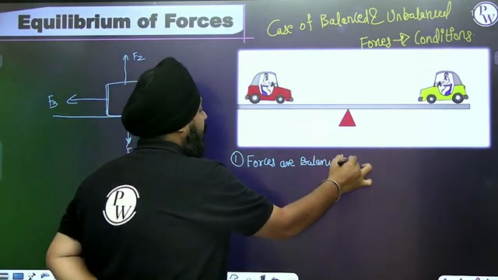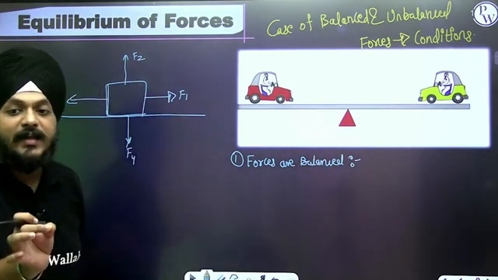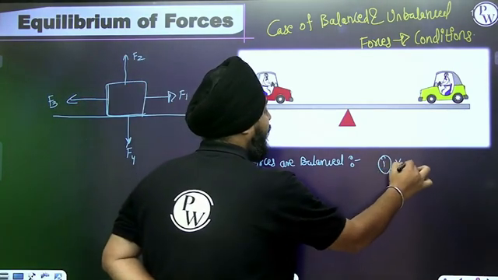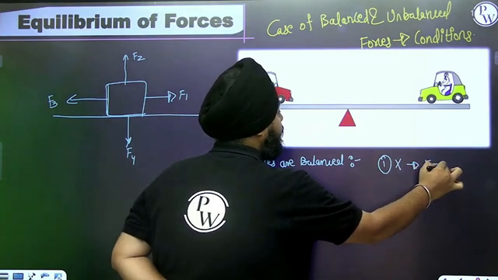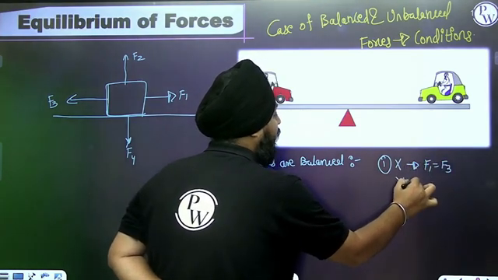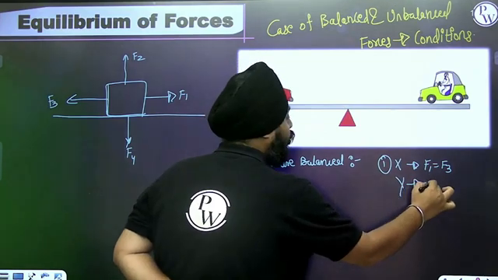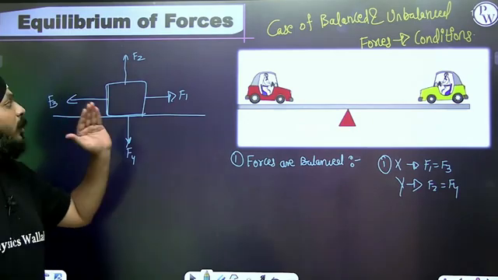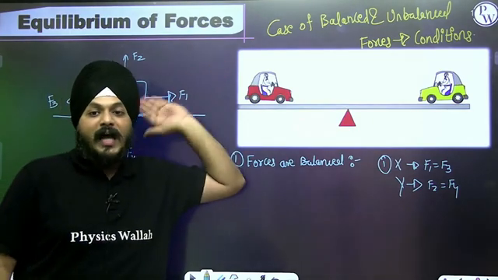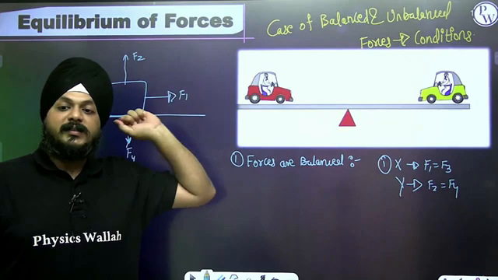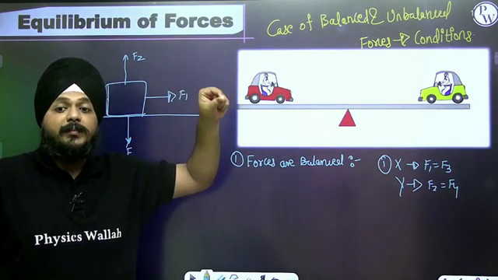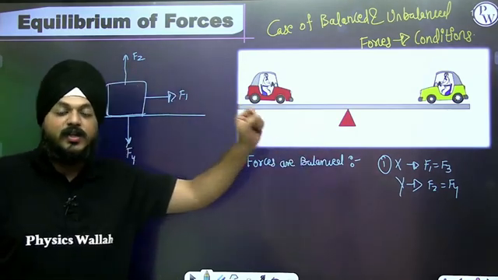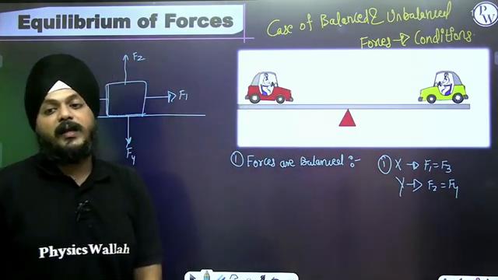If I say the forces are balanced, it means that in the x direction, F1 is equal to F3, and in the y direction, F2 is equal to F4. If in terms of magnitude all those forces are matching, then I must say this is the equilibrium condition. The body is neither going to move in the x direction nor in the y direction.